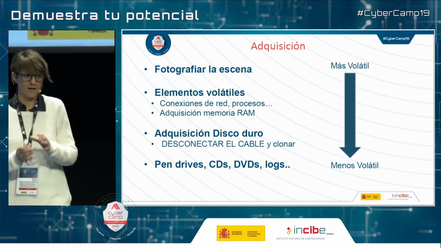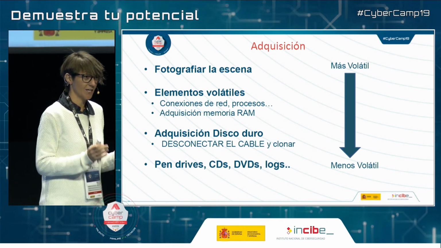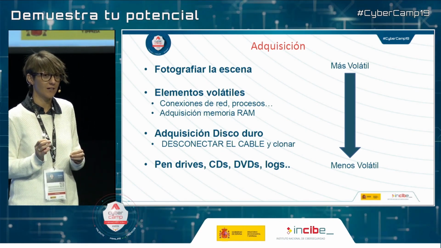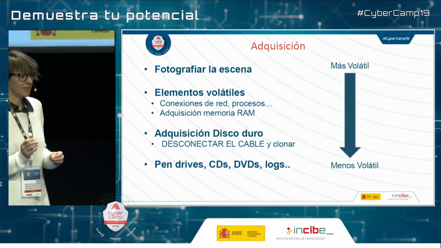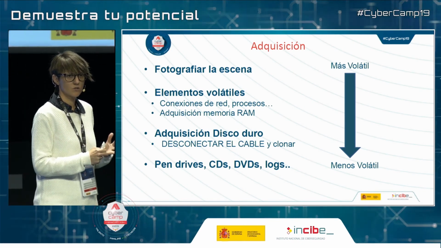We take a picture, make sure that it's not blurred, that we can see the time, the date, everything, and then we start getting the volatile evidence. We start with our processes, we check the DLLs, the logged in users, all the volatile information that we might lose, and then we go on to the RAM.